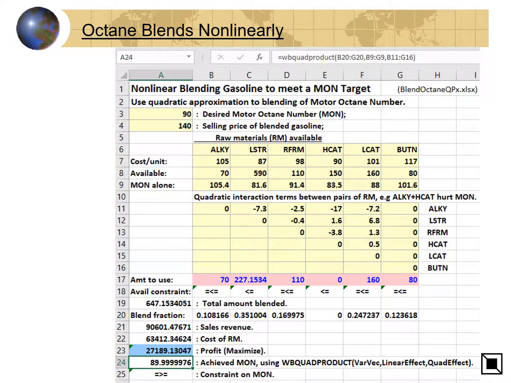Representing this nonlinear effect is fairly easy to do in What'sBest.